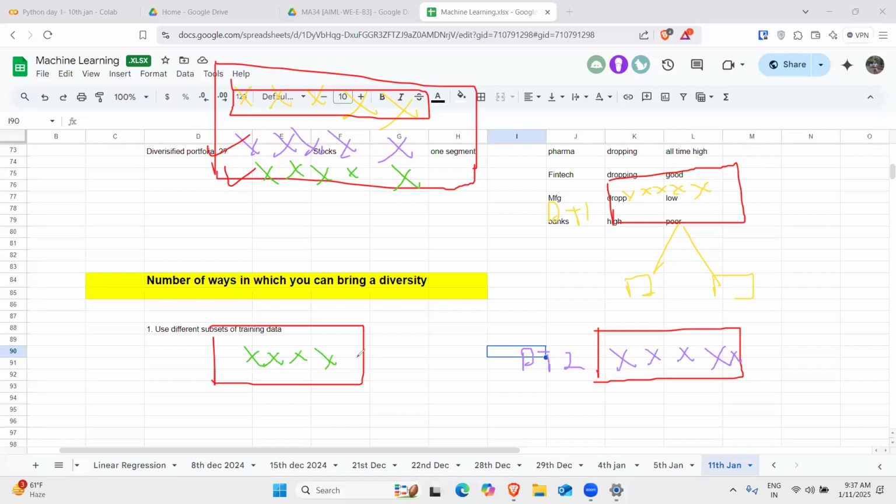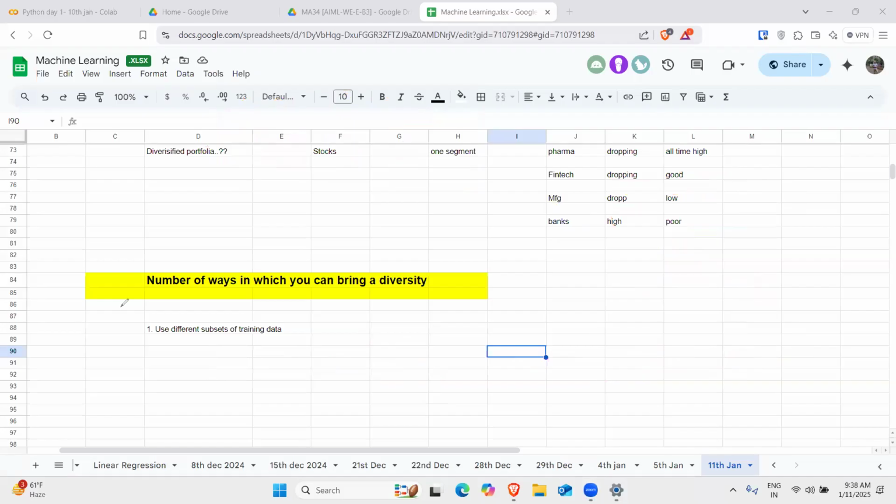So different subsets of training data, right? As you're providing different subsets of training data, the accuracies of all these three decision trees will be different. Yes or no? 70, 80, 90. And then you'll combine these three outputs and make a prediction, right? That is your different training subset.